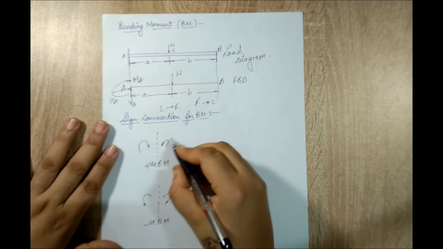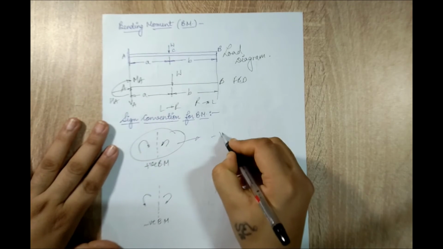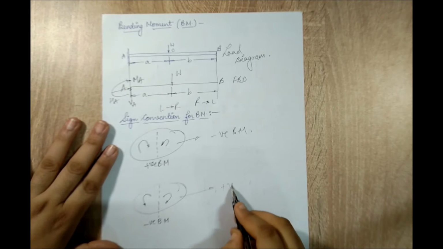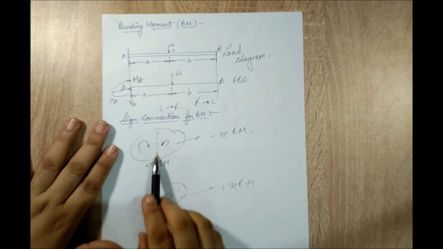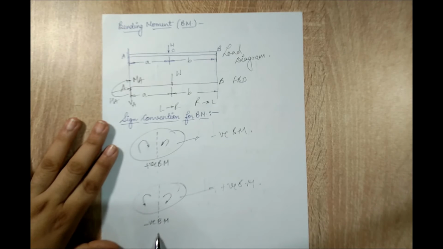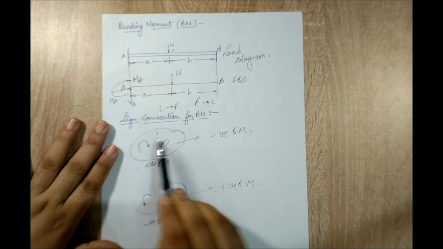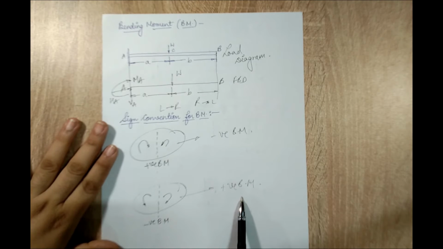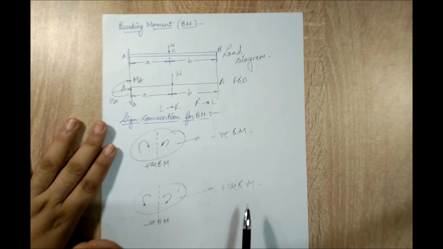Likewise, I can also say that this sign convention is for negative bending moment and this is for positive bending moment. It completely depends on the person who is solving the numerical.